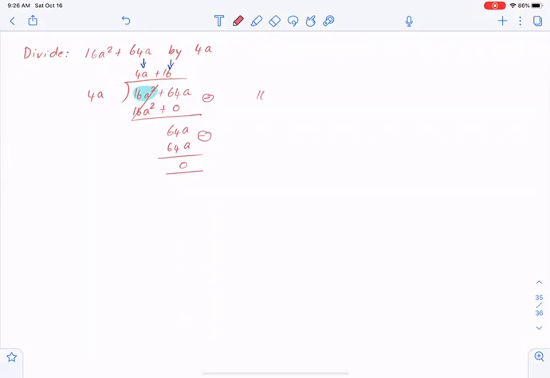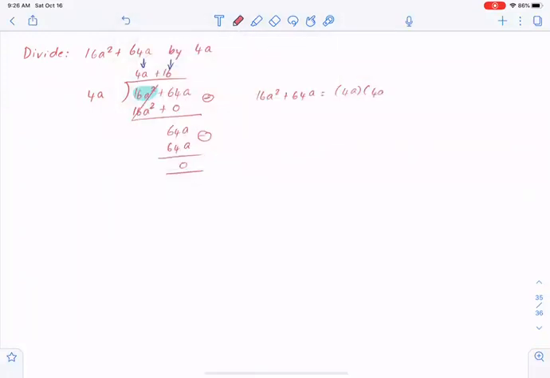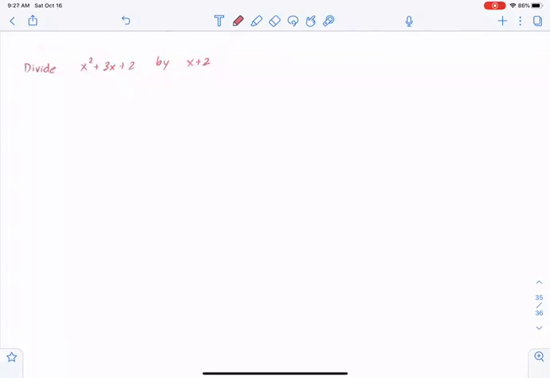So the expression 16a squared plus 64a is fully factorable as 4a times 4a plus 16. Here we have x squared plus 3x plus 2, and we want to divide it by x plus 2.